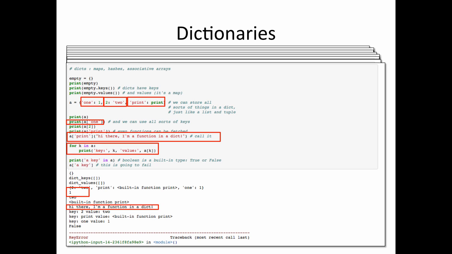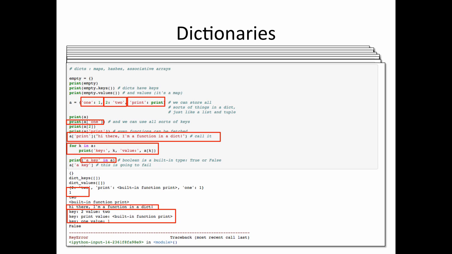Then you query the value corresponding to the key by A[k], and k is already assigned a value of the key, so you can get a value pair. So in the result, you can see that we are looping through every key value pair, which is 2 and the string 2, and print, string print and the function, and also the string 1 and the value 1.